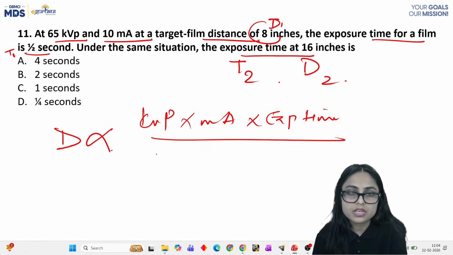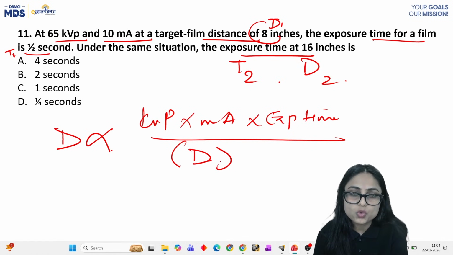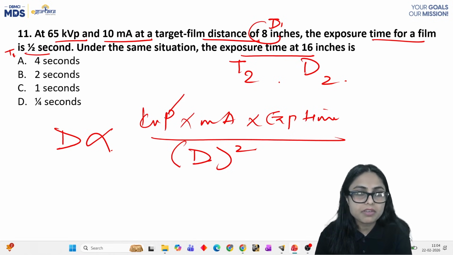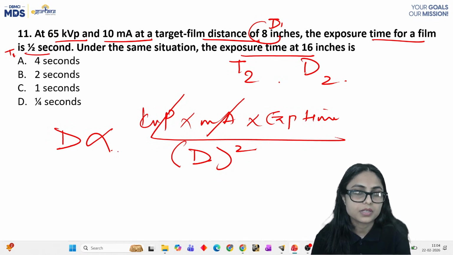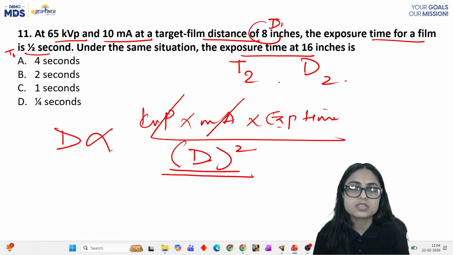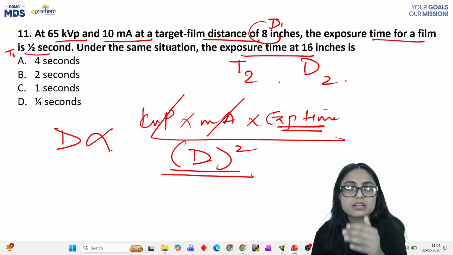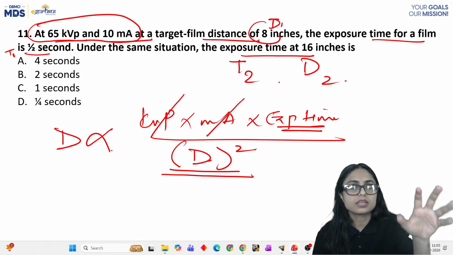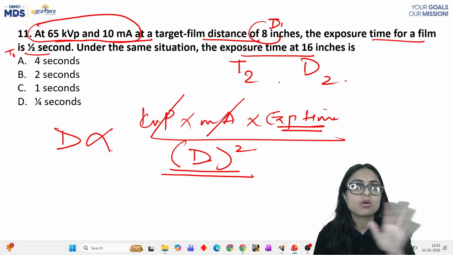And it is inversely proportional to the square of the target film distance, correct? Now, if we keep the kVp and mA constant, we need to draw a relation between this distance and the exposure time, because these are the given parameters here. At the same condition they had asked, so the kilovoltage and mA will remain constant.